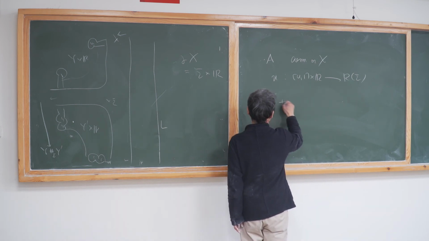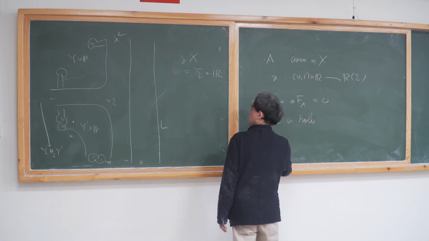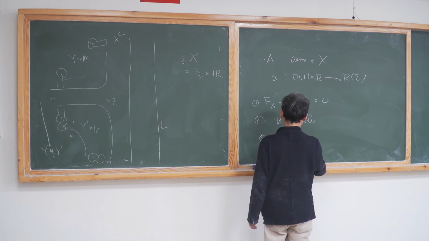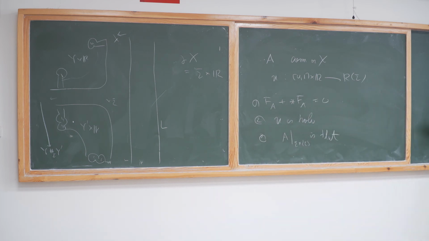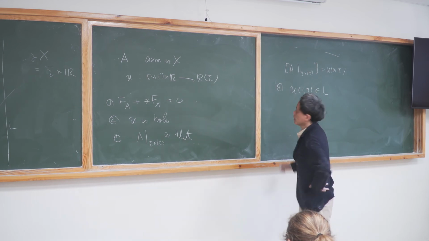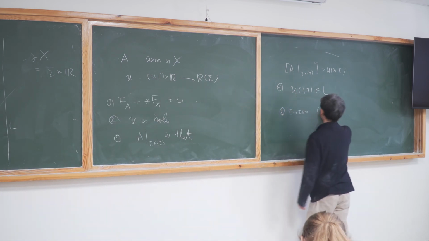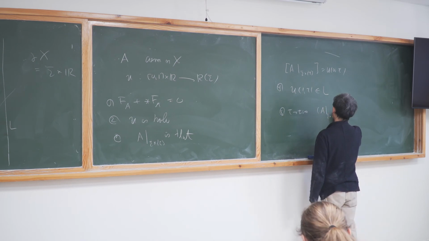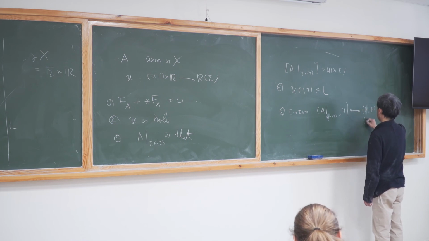First of all, A is a self-dual connection, and U is holomorphic. Third, A restricted to sigma cross tau is flat, and its gauge equivalence class is such that U0(tau) and U1(tau) are in L. And fifth, when tau goes to plus or minus infinity, A and U go to AP or BQ.